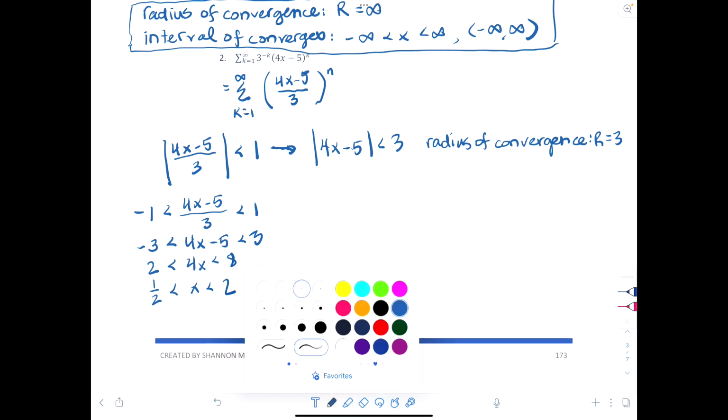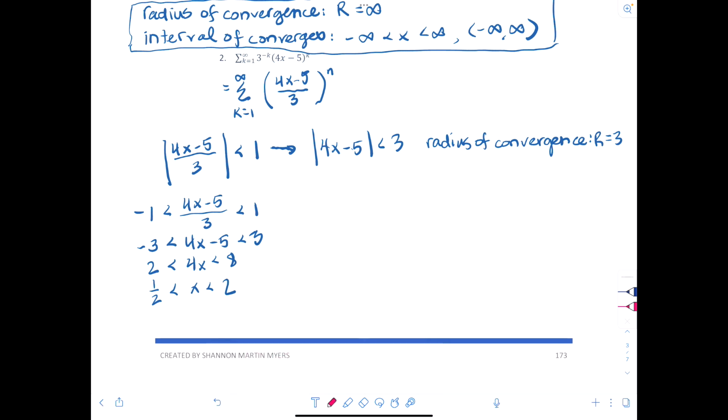And then when we go to check the endpoints, all right, so we're going to check x equal to 1/2 first. So when x is equal to 1/2, the summation turns into 4 times 1/2 minus 5 over 3. All of that is raised to the n.